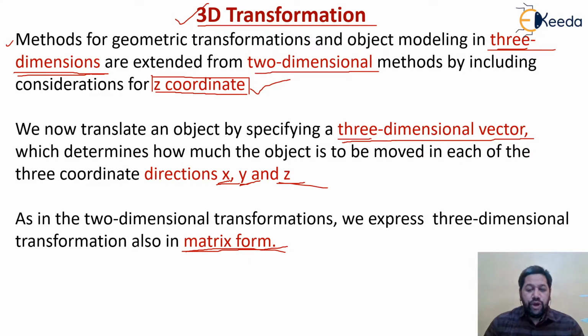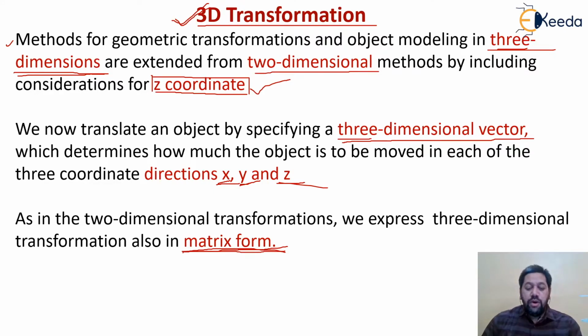Our aim is not only to consider the 3D transformation, but also to consider how the transformation matrix is represented and how it is used in 3D transformation, as we defined for 2D translation, 2D scaling, 2D rotation, reflection, shearing, and so on. Similarly, we have to consider all these transformations with matrix representation for 3D transformation.